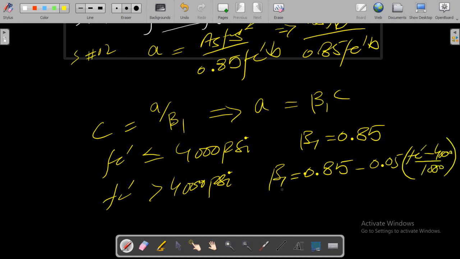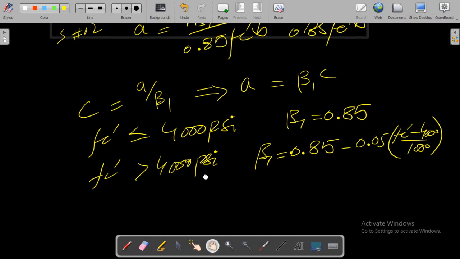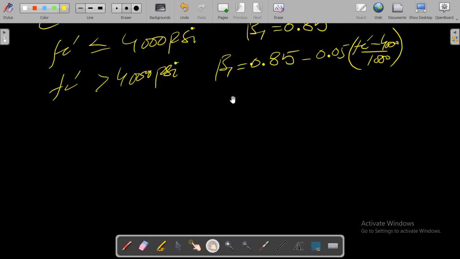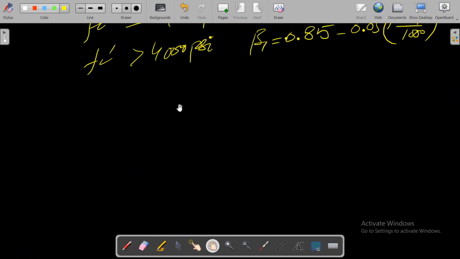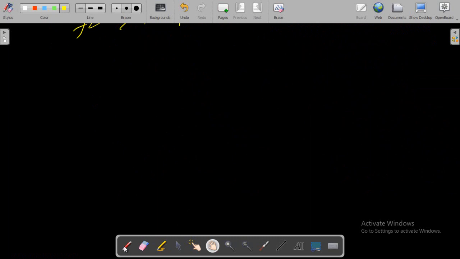Please check this equation. By using this equation, we adjust the beta 1 value for this condition. If, let's say, fc prime is 5000, we use this equation and derive the exact value of beta 1.